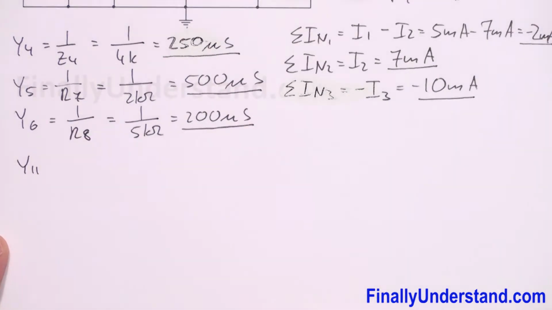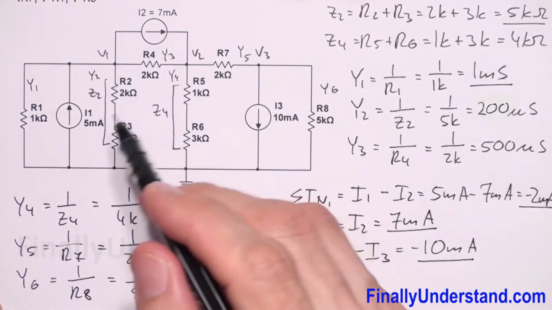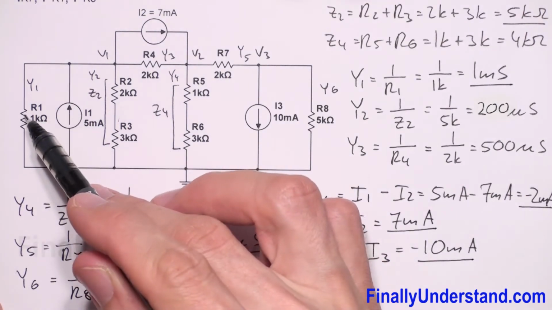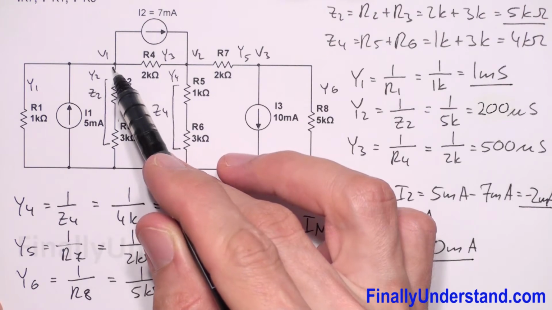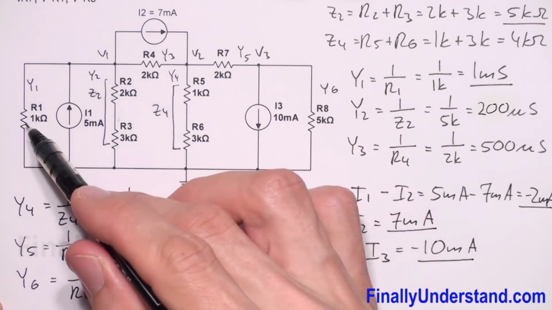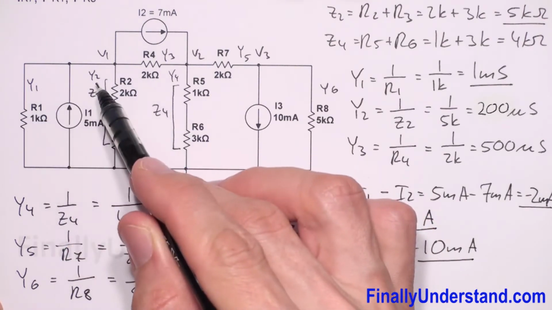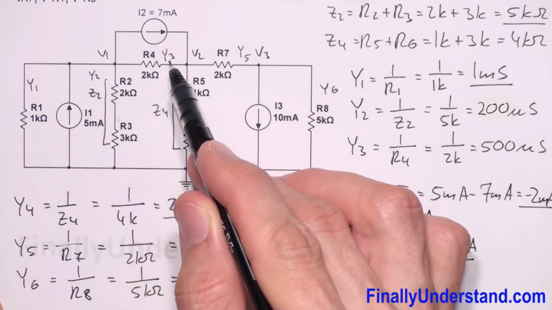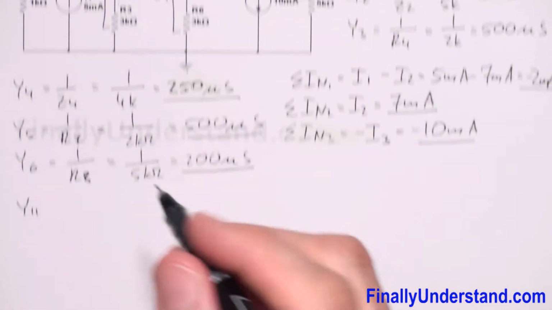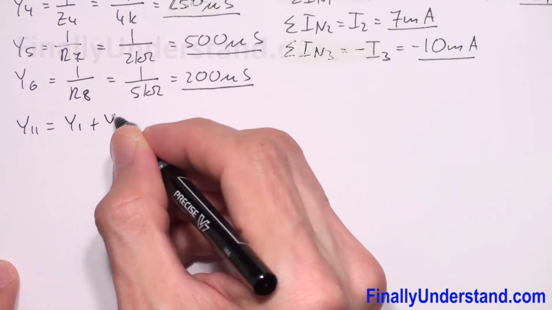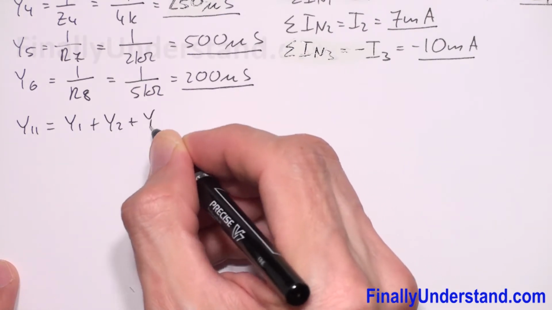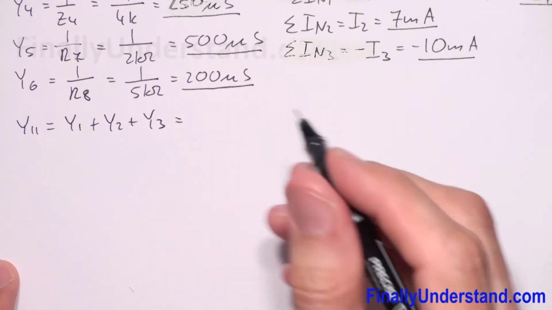Okay, so now we're supposed to find Y11, where Y11 is simply the sum of the admittances connected to node 1. Okay, so I mean I have to add Y1 to Y2 and add to Y3. So this is equal Y1 plus Y2 plus Y3.